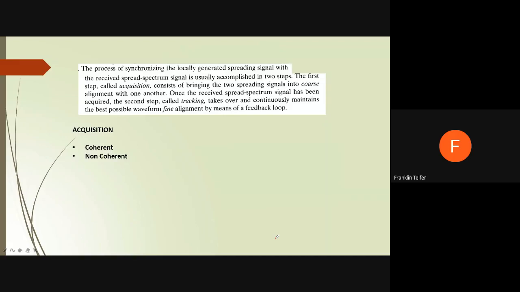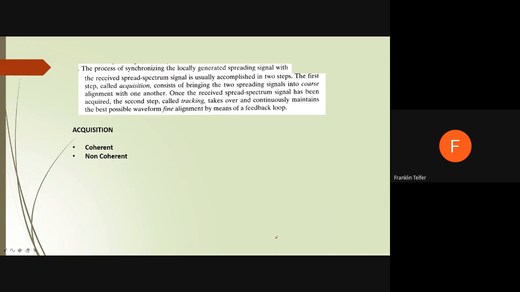But in a concurrent scheme, you have acquisition and tracking with respect to time and frequency. So here the despreading process takes place at the receiver.